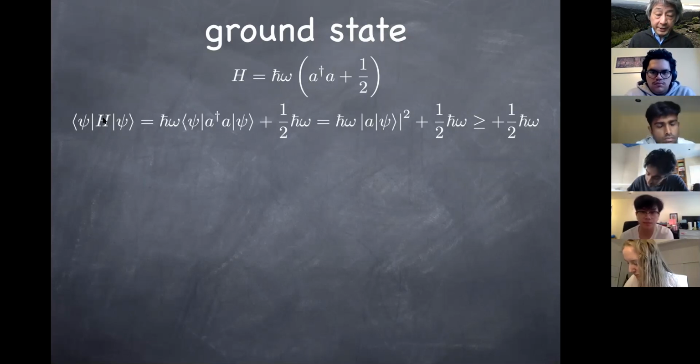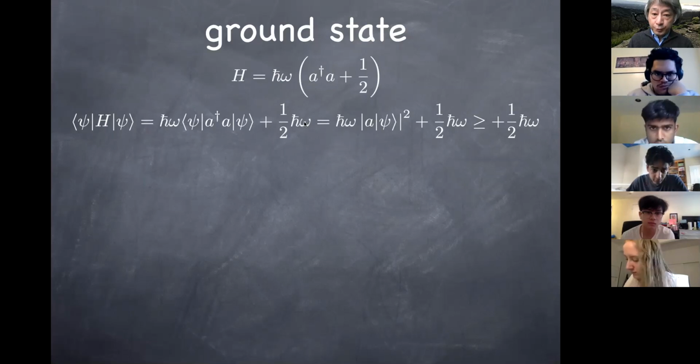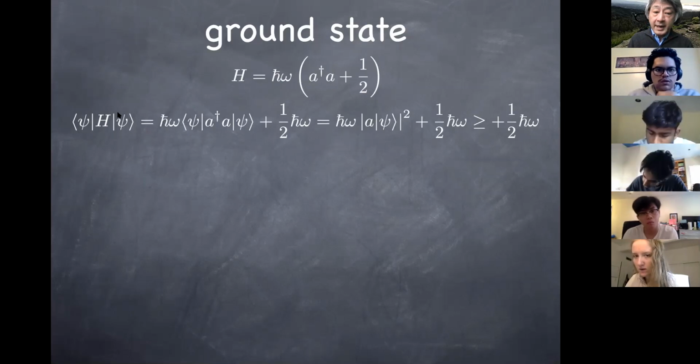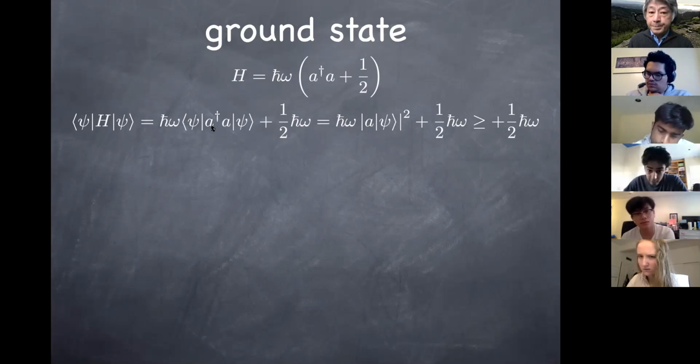If you sandwich the Hamiltonian operator in an arbitrary state psi, given by this ket, and its Hermitian conjugate bra, then you can use this expression to write it as a sum of two terms. The second term is just a number. Whatever this ket psi is, as long as it's normalized to unity, it just gives you this number, half h bar omega. So the second piece is just a number. The first piece has this operator in it, so that's where you have to think a little bit.